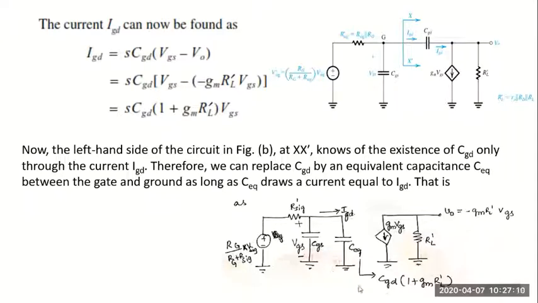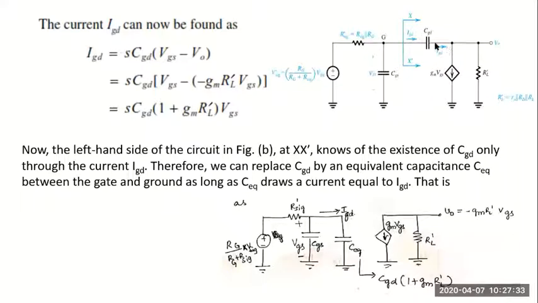Why do we want to do that? So that we will simplify our analysis. Remember, this capacitance CGD is connecting the gate to drain, input side to the output side. So if I can replace this CGD with an equivalent capacitance on the input side, it would be simple for us to analyze the behavior of this circuit.